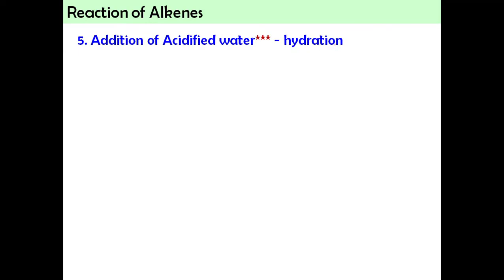Jadi, kalau nampak addition of acidified water ataupun hydration of alkene means react with water in the presence of acid. Okay. Jadi, this is our alkene. Dia akan react dengan air. So, plus H2O. So, dalam keadaan yang berasid. Jadi, kita akan letak atas arrow H3O+.